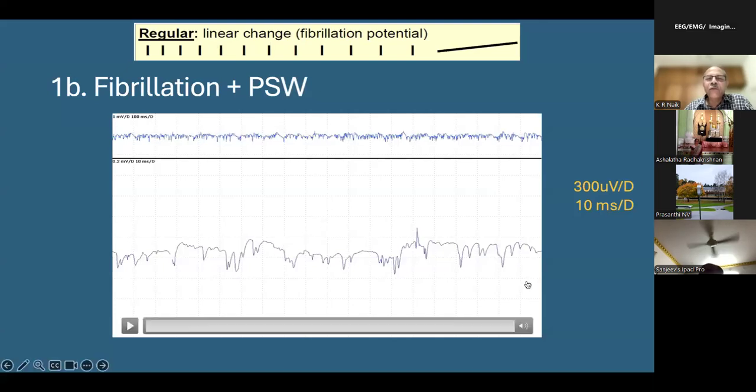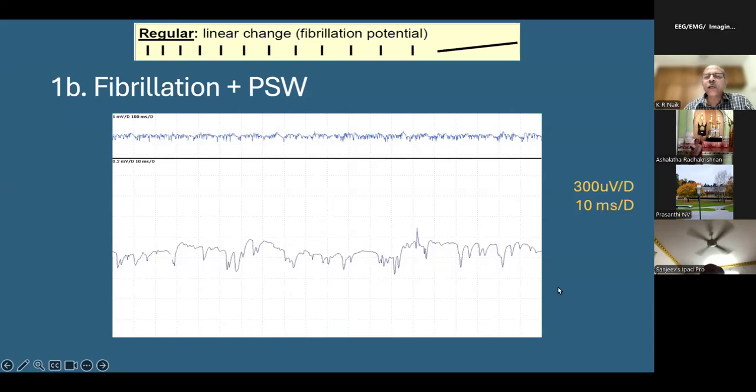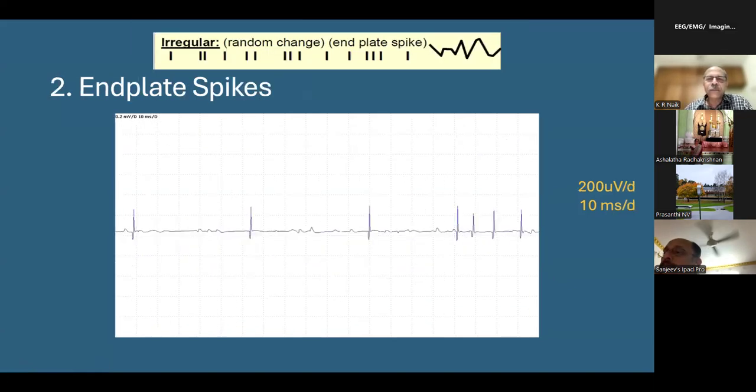If you say grade 3, it is filling the screen according to one's classification. But if this was seen in only two sites out of 10, the extent of denervation is not that much. So that is the one which I prefer to use. Okay.